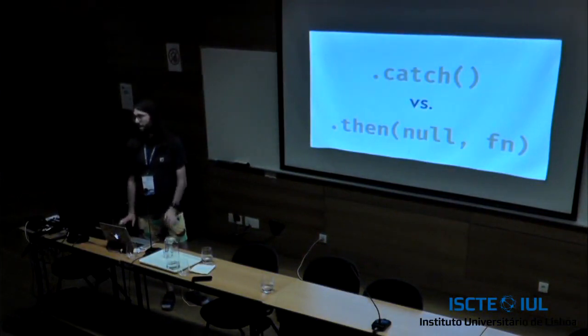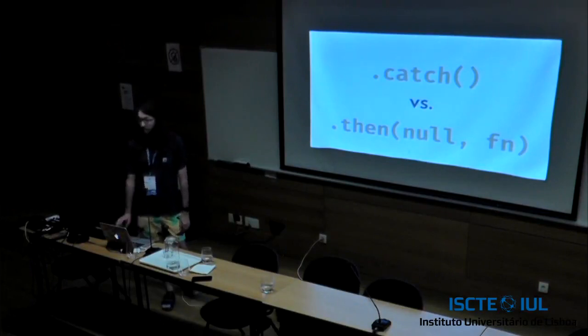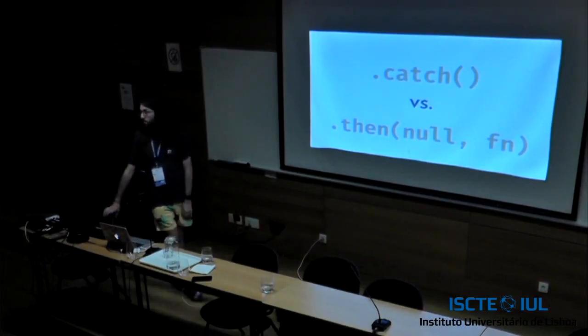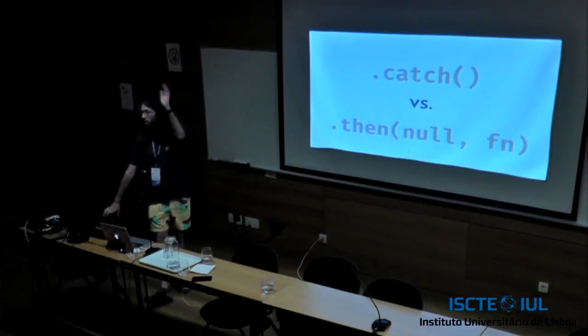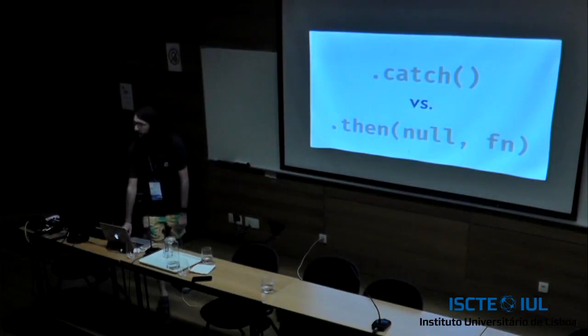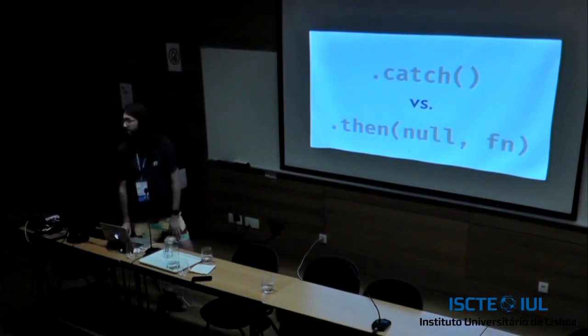It's not very clear what's happening. And if you're chaining multiple then statements together, you can use one catch, which will capture any thrown exceptions in all of your promise tree. So, any questions? No.